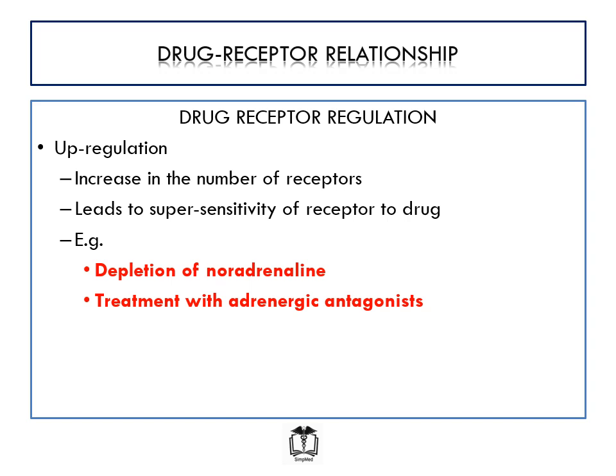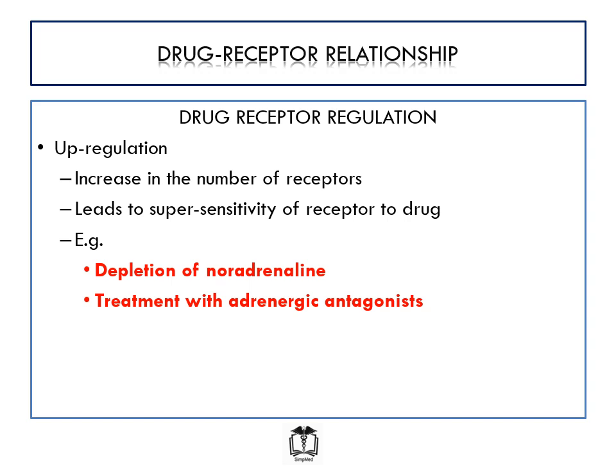So upregulation refers to an increase in the number of receptors on a cell, and this is primarily based on the fact that either the drug or the substance that tends to stimulate that receptor is deficient, or we have an antagonist that's actually blocking that receptor. Either of those cases can lead to an upregulation of a receptor.